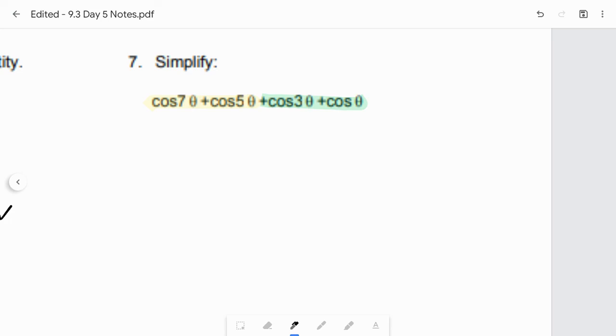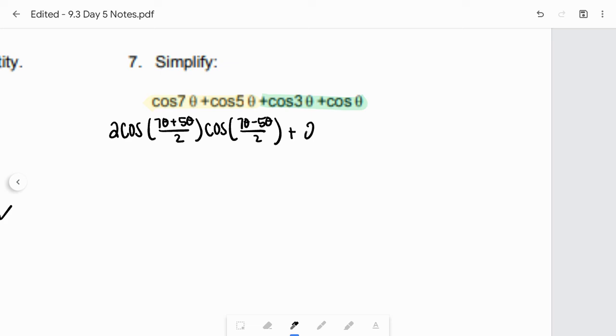So if I work with cosine 7 theta plus cosine 5 theta, we're going to have 2 cosine of (7 theta plus 5 theta) divided by 2 times cosine of (7 theta minus 5 theta) divided by 2. Okay, then plus, and now let's work with the green, so cosine 3 theta plus cosine of theta.